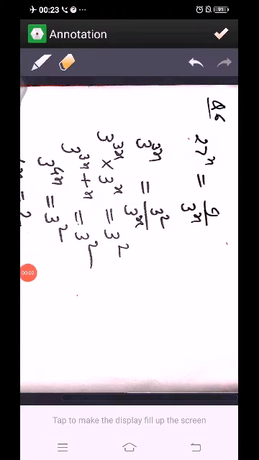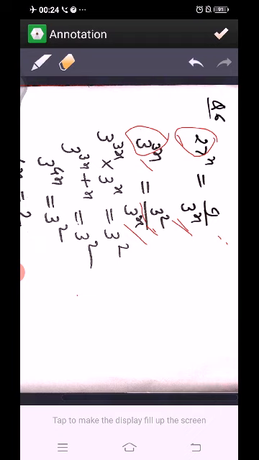Now let us take question number 6. So we have 27 power x equal to 9 upon 3 power x. This 27 can be written 3 power 3 and its power x. 9 can be written 3 power 2 upon 3 power x as it is.